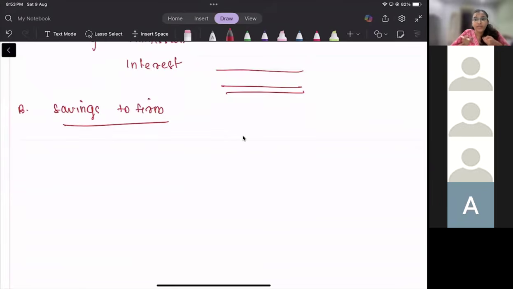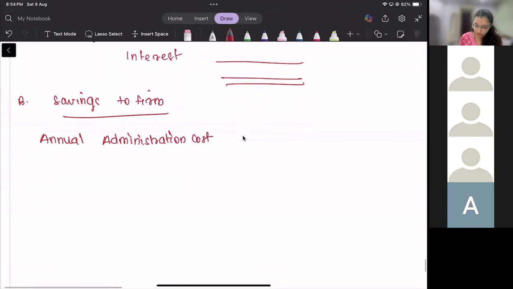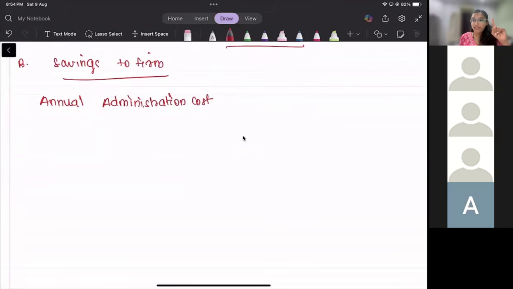And what is the savings to the firm? That is also given in the question. There is an annual administration cost. If we had not given this for factoring, there is an administration cost. That is given in the question. And also there is a savings of bad debt. If we had not given this for factoring, we will have a bad debt loss.